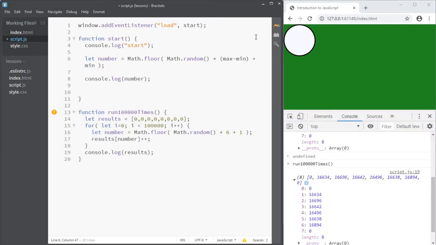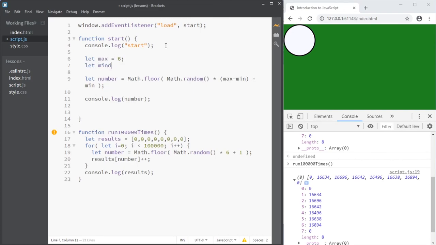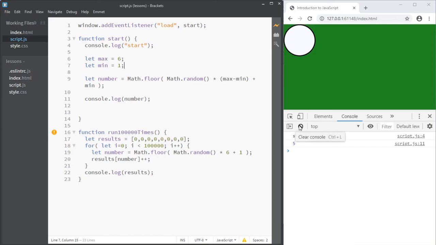Let's try if we can use that in our dice here. Let max be 6 and let min be, no, not 6, 1. And let's see, we get a 5, and a 4, and a 2, and a 4, and a 1, and a 4, and a 5, and I just want to make sure that this works just exactly as before.